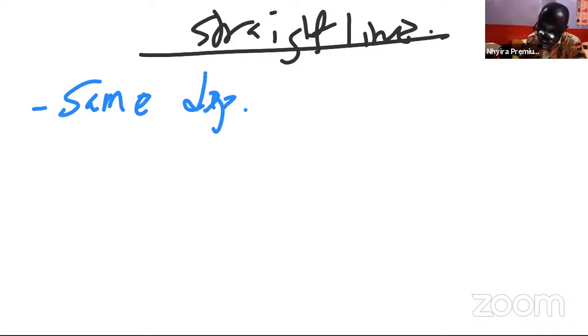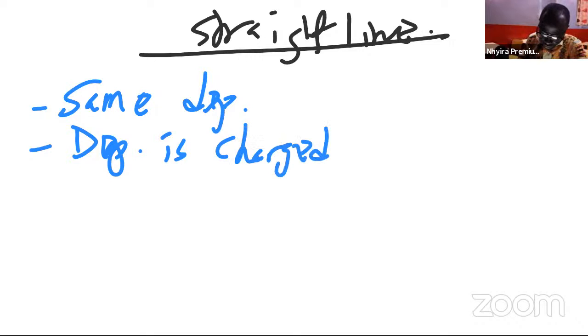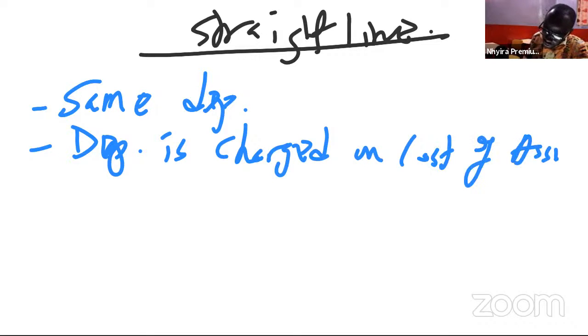So same depreciation charge over its economic useful life of the assets. In other words, what happens here is that the depreciation is charged on the cost of the assets. So we charge the depreciation on the cost of the asset.